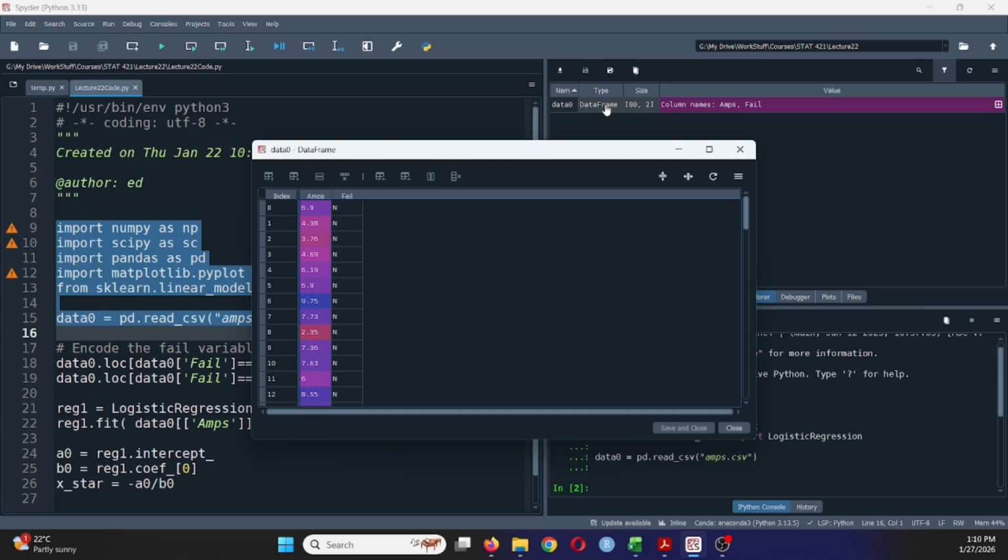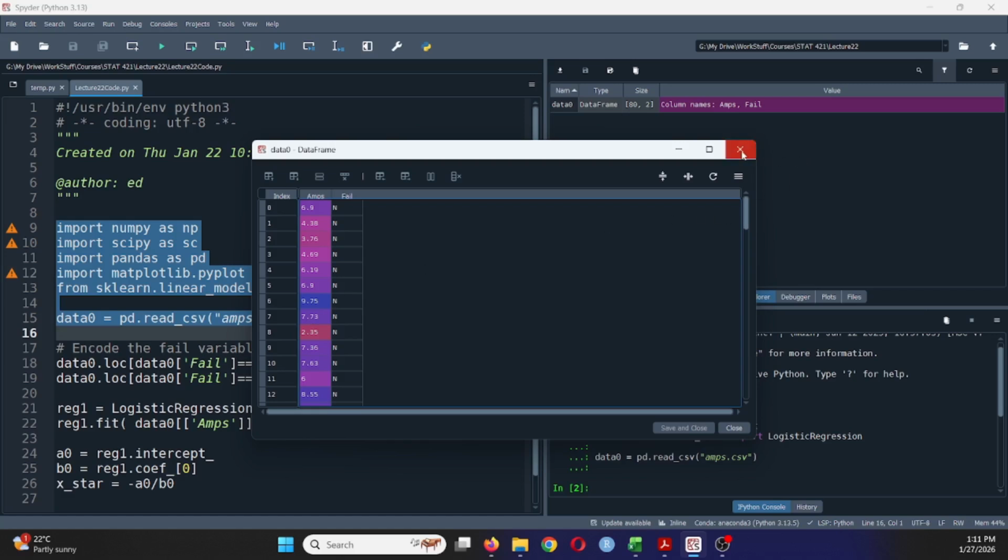So this is what the data is about. Basically, we want to know, at what amps are we more likely to fail than not fail? Okay, so that's the key here. And you can look this up, make a picture of it, and see that these don't look as nice as the other ones you saw. But that's the general setup.